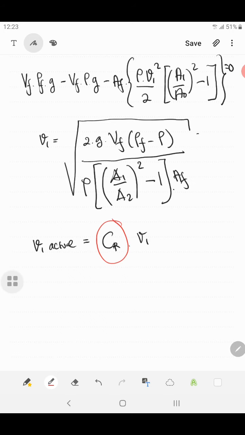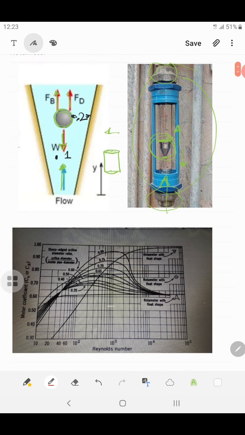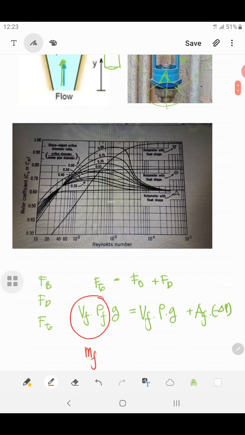I have the graph at the beginning of this slide. See here, it's almost the same graph as the orifice, but you are only going to use these three lines, 1, 2, and 3.